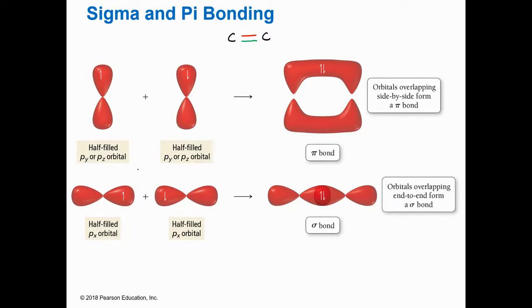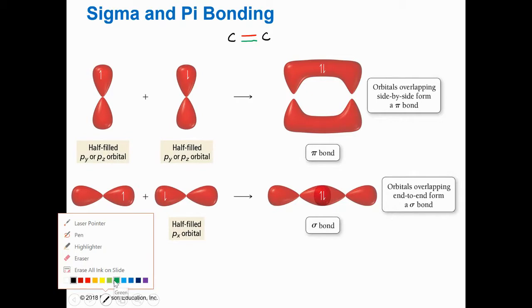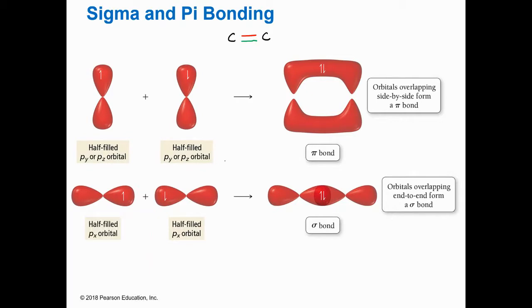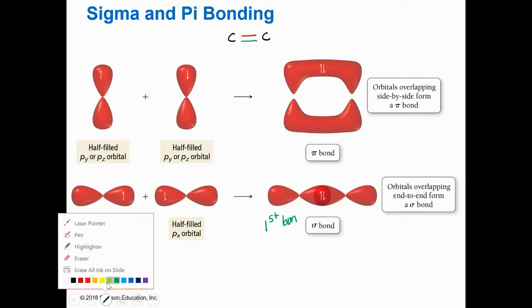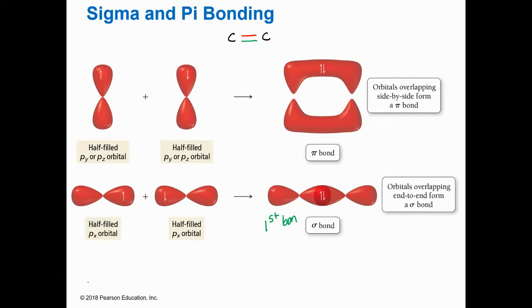Now, the bottom one here, that is representing the green bond. And the other one up here is representing the second bond.